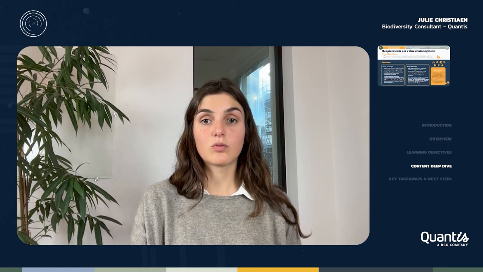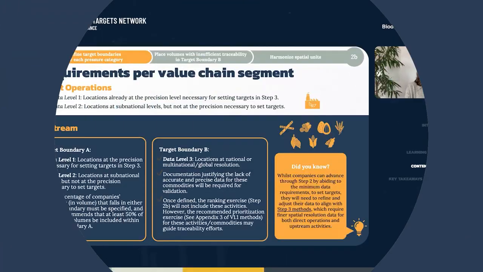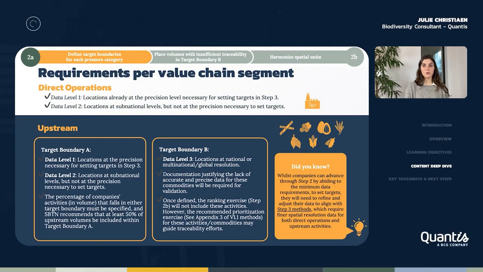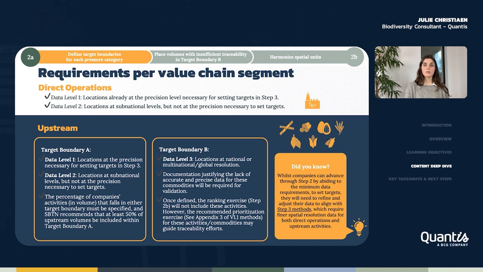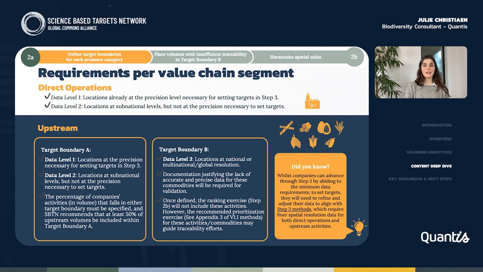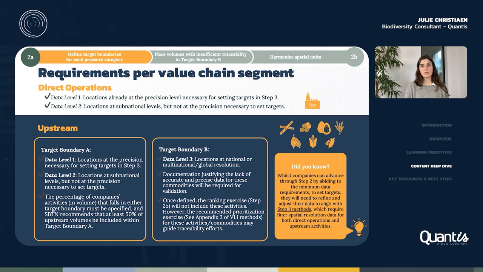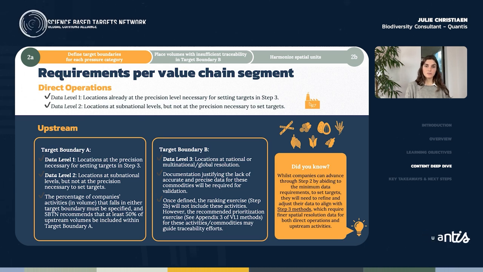Data level 1 includes locations that are precise enough to set targets in Step 3. Data level 2 includes locations at subnational scales, but that are not currently at the level needed to set location-specific targets. You must include at least some upstream activities in target boundary A to proceed with the target setting.